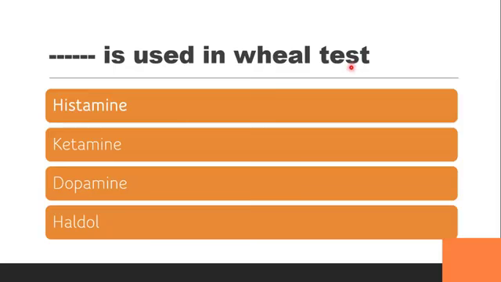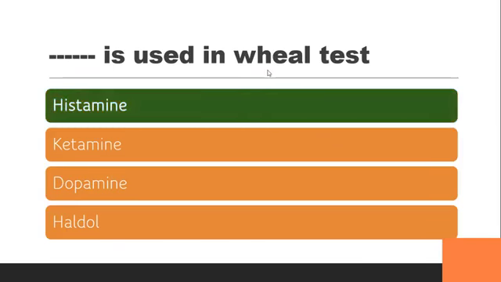In the wheal test, histamine is injected to the patient intradermally, and if the patient is normal, then on the skin where the histamine is injected, it will show a reddish spot within 2 to 5 minutes, and if there is a delay in appearance of the reddish spot, it is considered as a sign of vascular disease. So histamine is used as a diagnostic agent in wheal test.